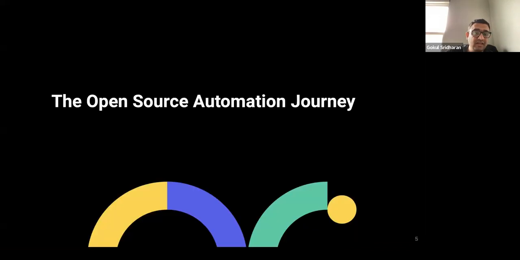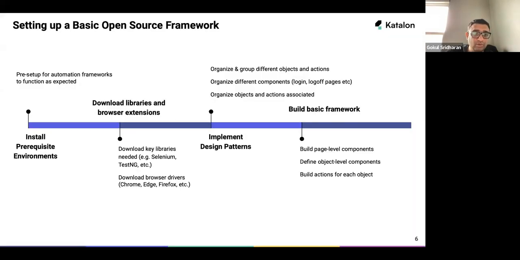The effort translates into installing prerequisite environments, downloading libraries, making sure you have a great design pattern, and then building a basic framework. These are all different steps that you have to take.